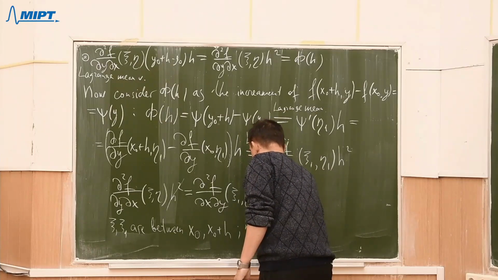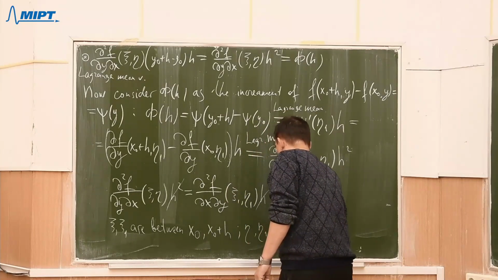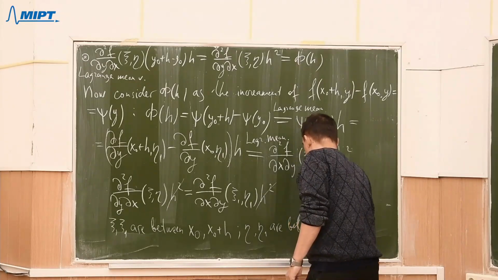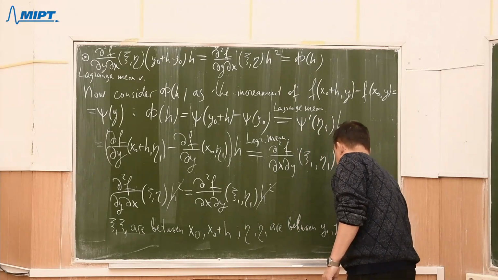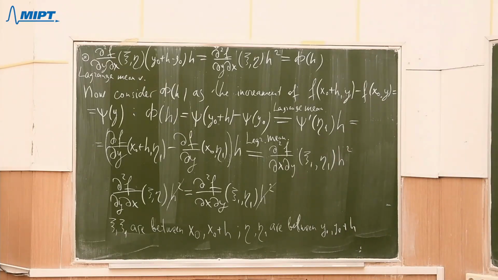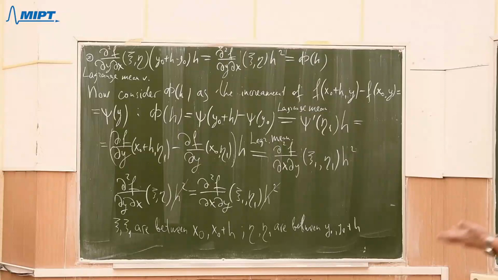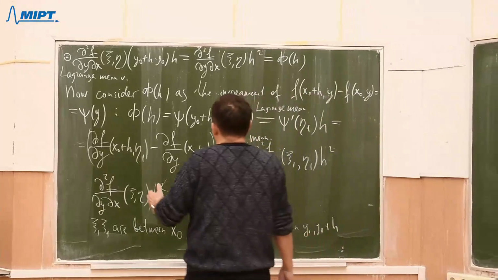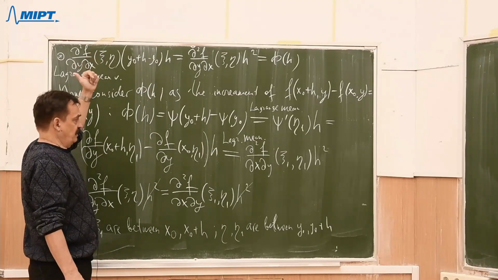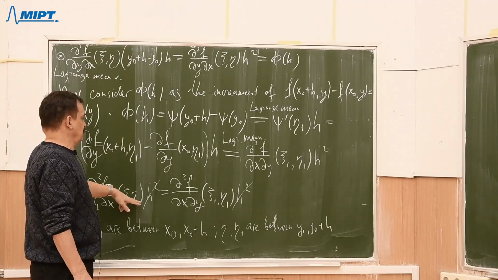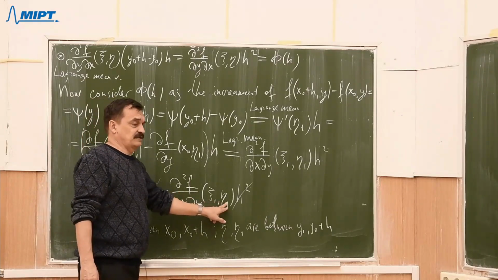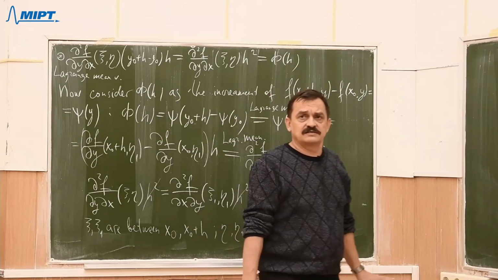Eta and eta 1 are between y naught and y naught plus h. Of course, they also depend on each other somehow. For example, here eta depends on xi, and here vice versa, xi 1 depends on eta 1, but it doesn't matter.